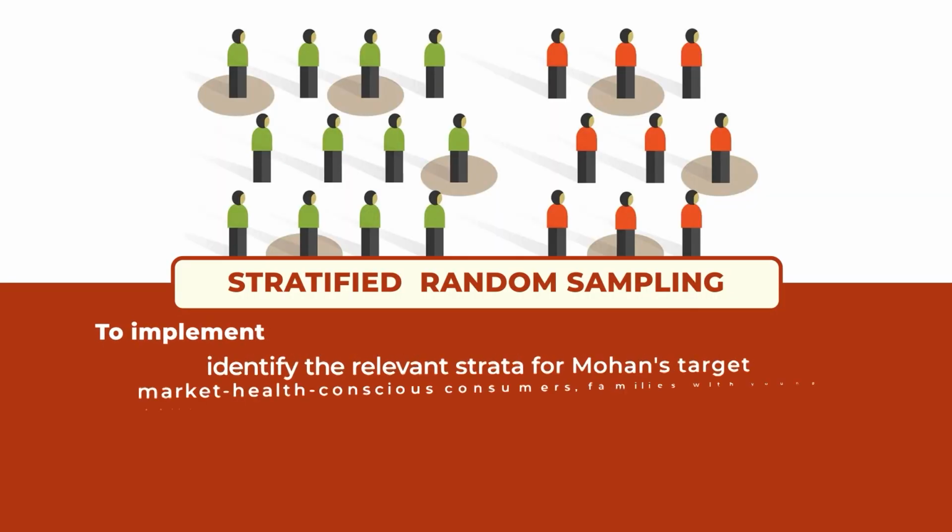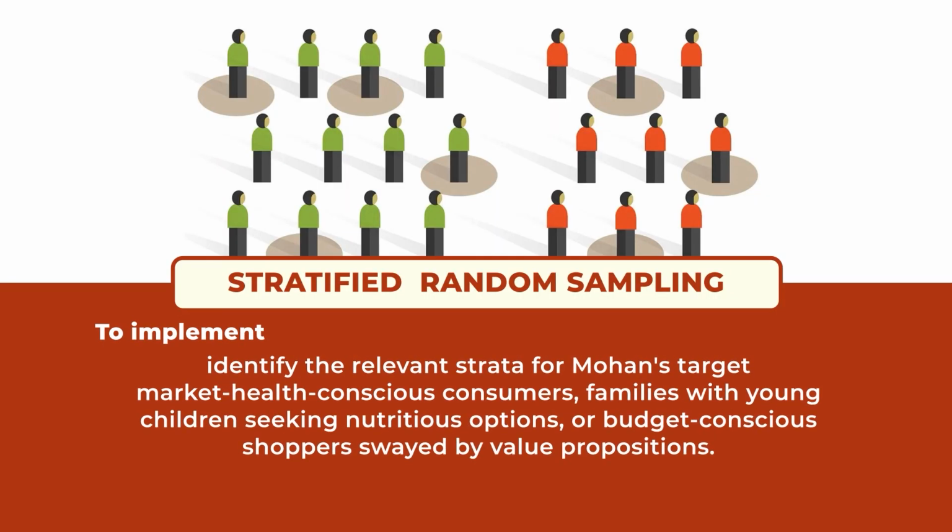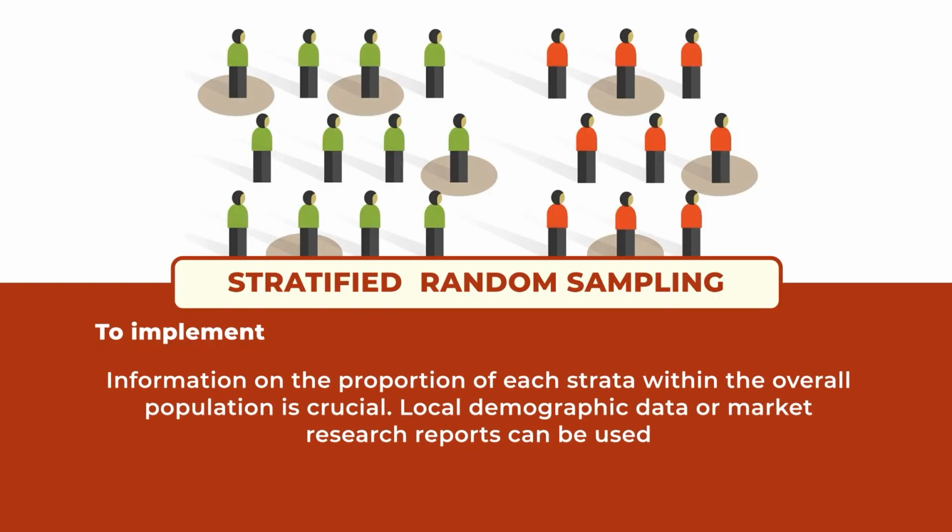Therefore, we identify the relevant strata in Mohan's target market. For example, health conscious consumers, families with young children who are seeking nutrition options, or budget conscious shoppers who are swayed by value proposition. If we are just taking these three strata, we then get information on the proportion of each stratum within the overall population.